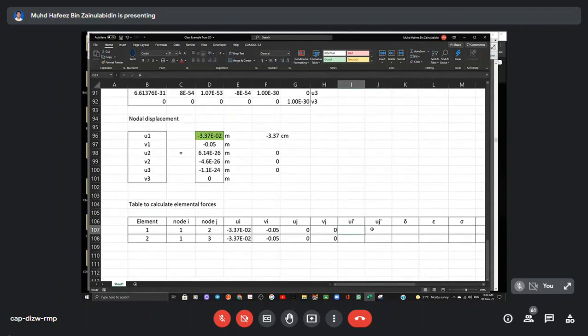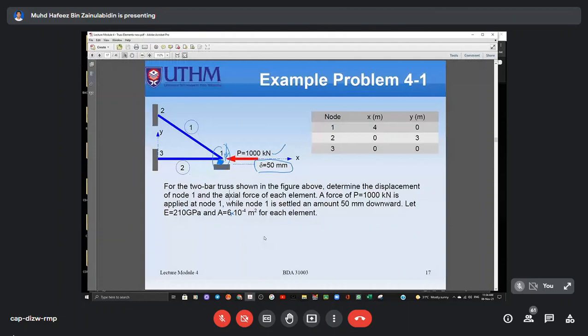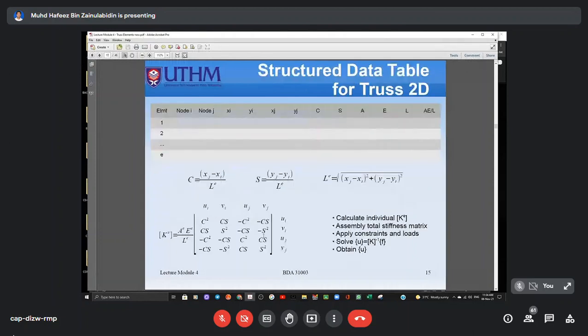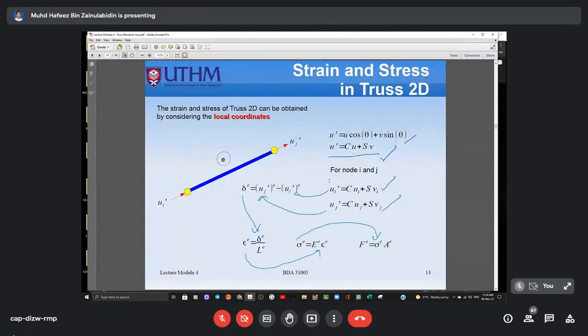Okay, so UI prime and UJ prime, using this formula here. We need to find UI prime and UJ prime: C UI plus S VI, C UJ plus S VJ.